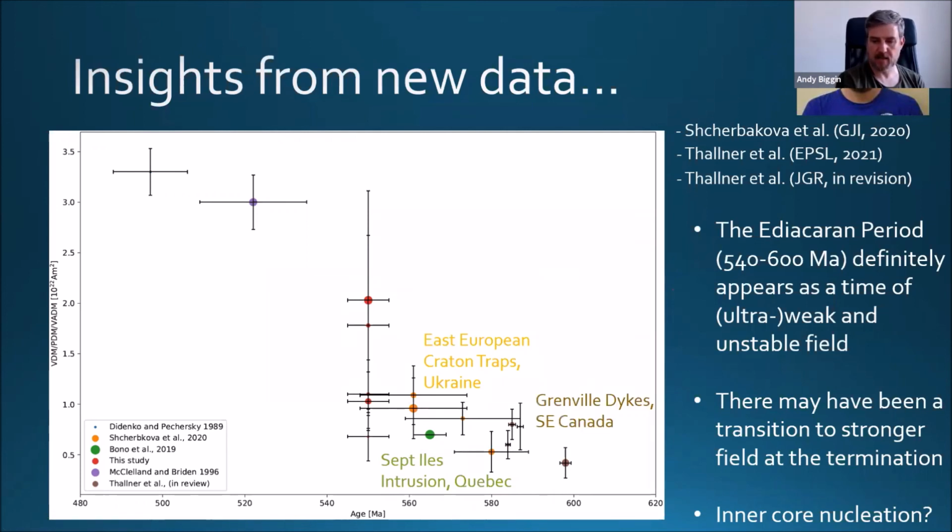And then Dan also worked on these Grenville dikes from southeast Canada, slightly older, and obtained these really super weak paleointensities, and this one's the weakest of the lot. Just for reference, I'll point out the actual paleointensity is less than 2 microtesla. That's less than what has been observed by the InSight lander on the surface of Mars.